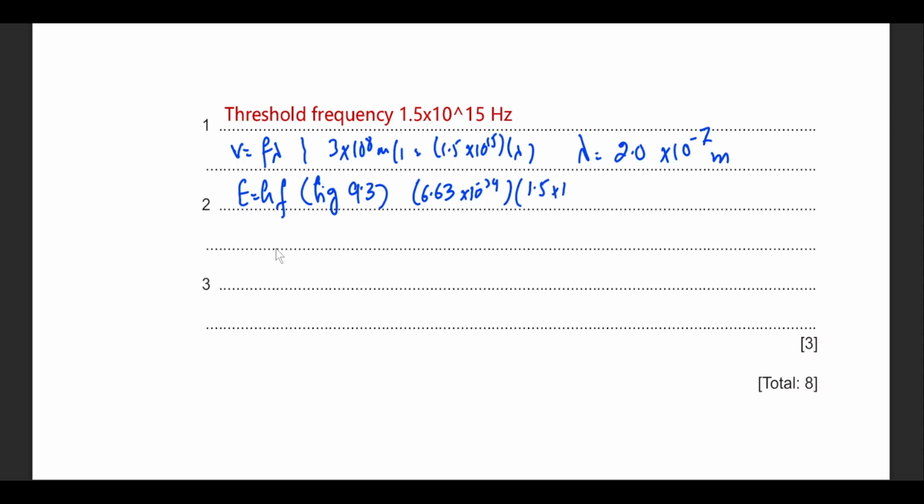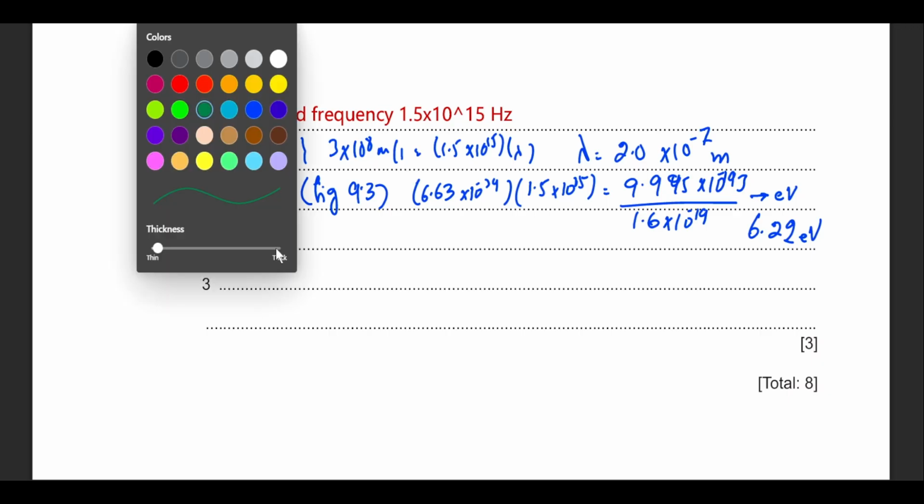Frequency is 1.5 into 10 raised to the power 15. This comes out as 9.94995 into 10 raised to the power minus 19 joules. If you divide this by 1.6 into 10 raised to the power minus 19, you convert this into electron volts, and that is 6.22 electron volts.